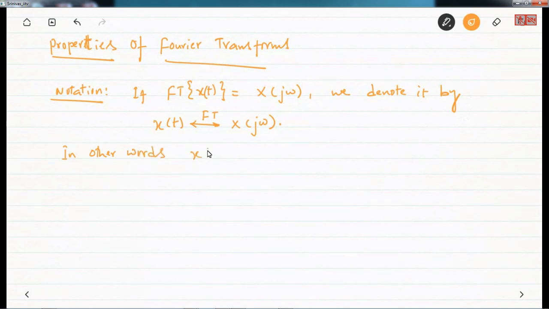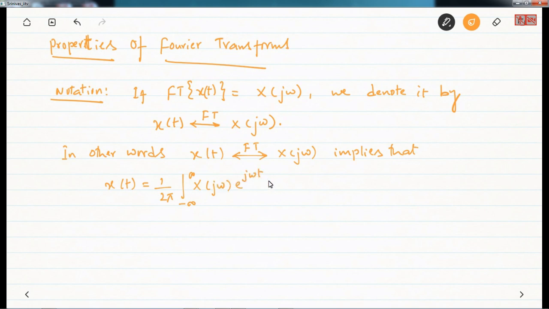Whenever we write x of t double arrow X of j omega, it implies the Fourier relations: x of t equals 1 by 2 pi integral from minus infinity to plus infinity X of j omega e power j omega t d omega, and X of j omega equals integral from minus infinity to plus infinity x of t e power minus j omega t dt.